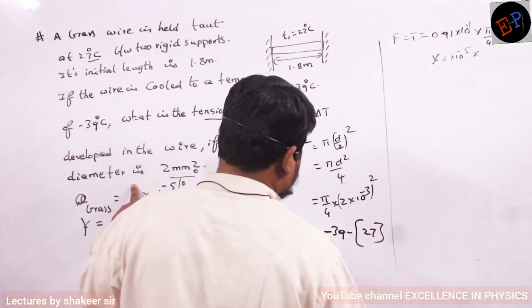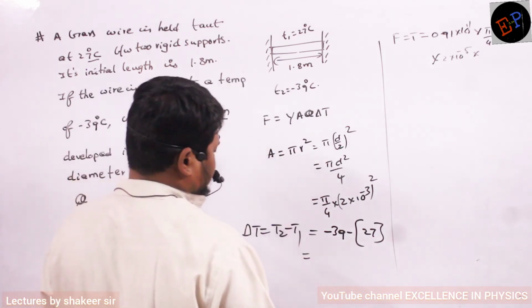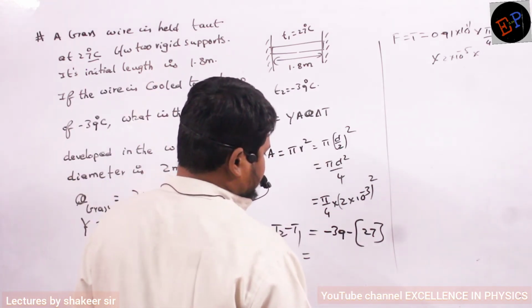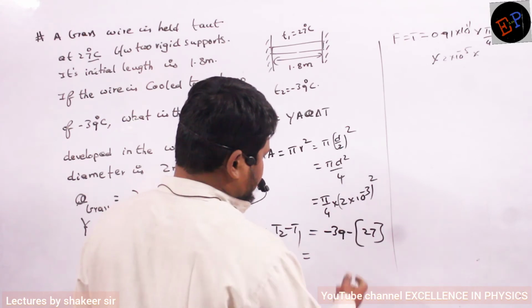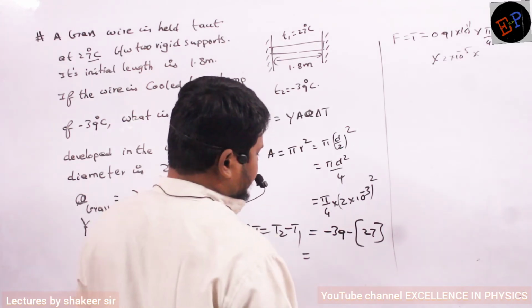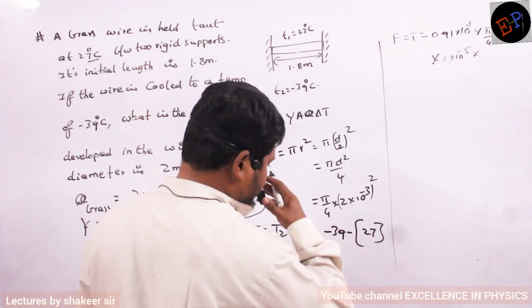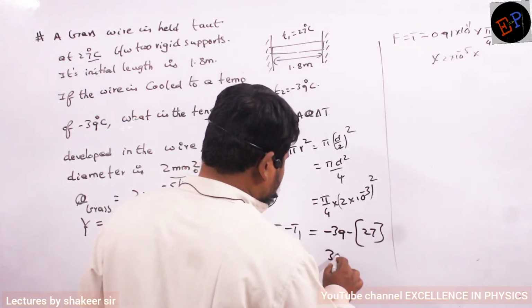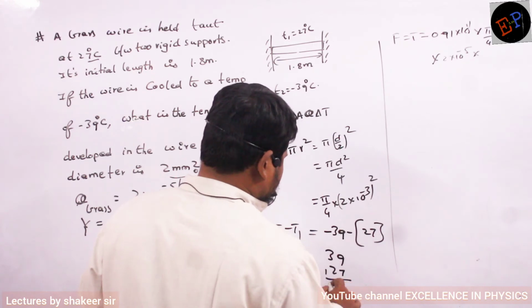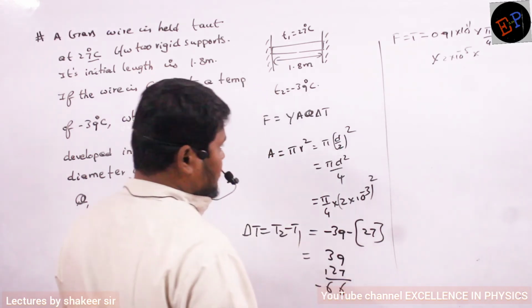So what is the final change? We have to add these two, no? 39 plus 27 is 66.